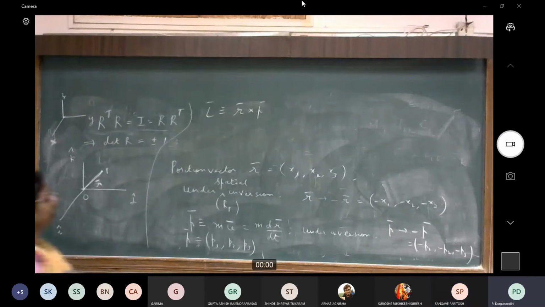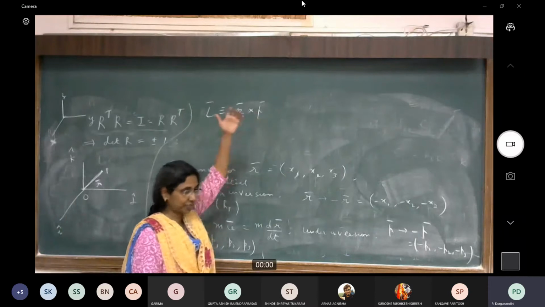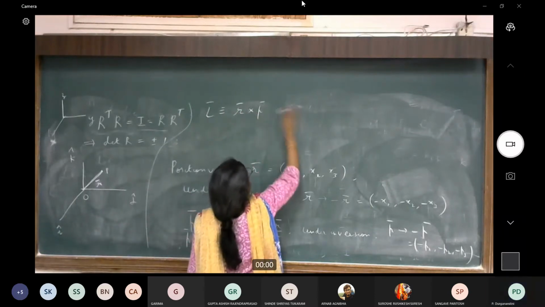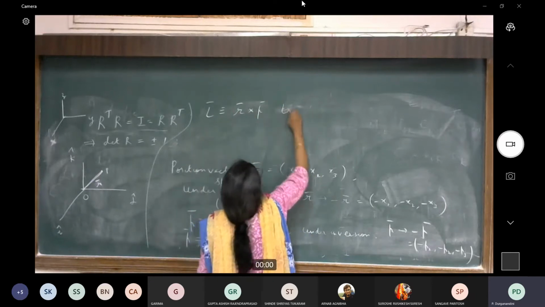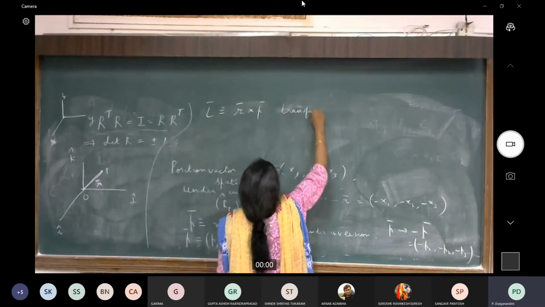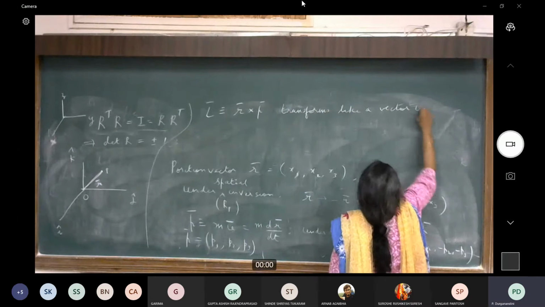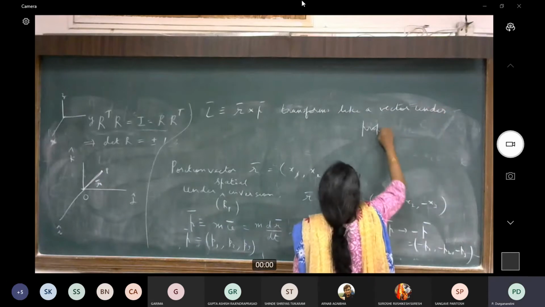We've seen that the cross product of two vectors transforms like a vector. That's what I showed yesterday. You know it's an angular momentum vector. Why do we call it a vector? It will transform like a vector under proper rotations.